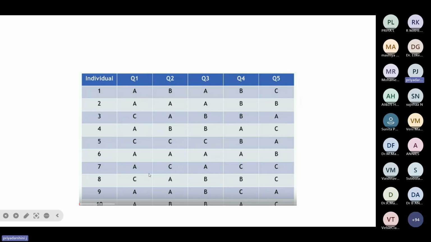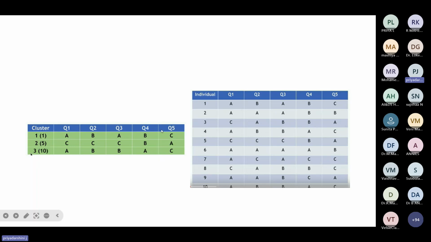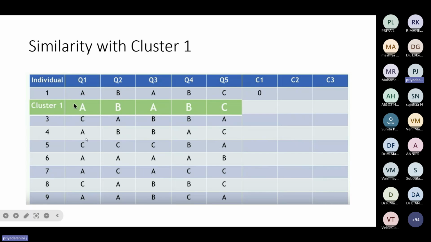I have only A, B, C categories and around 5 questions posted. I take some initial clusters, as in K-means, and then these are my repeated data. I take each cluster head.